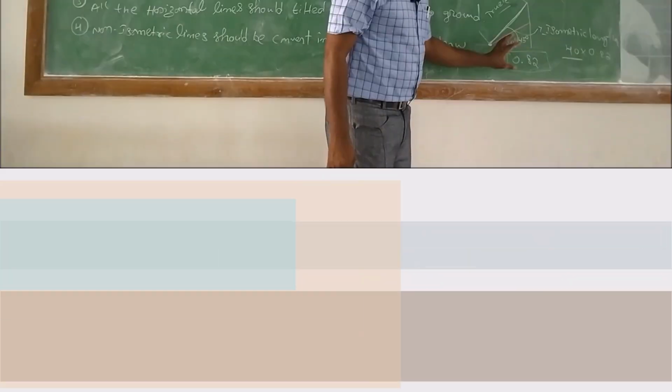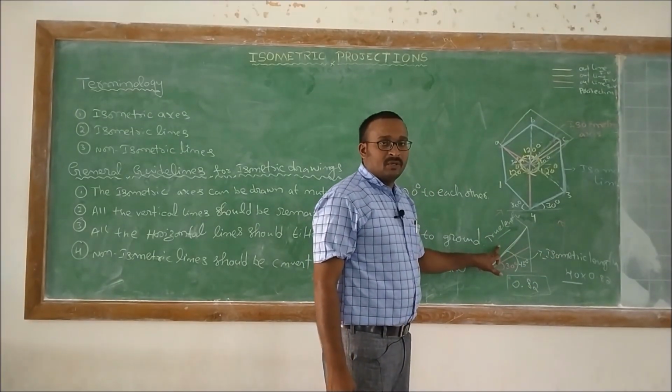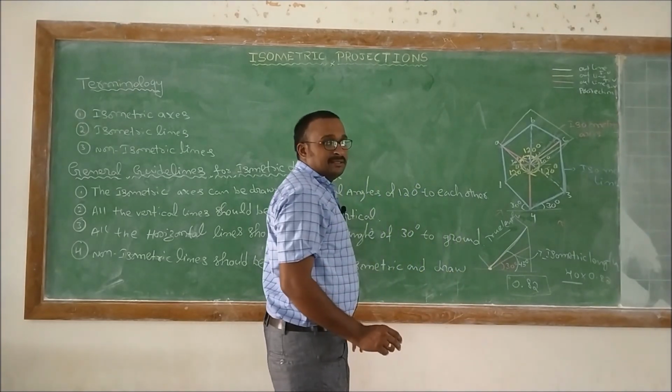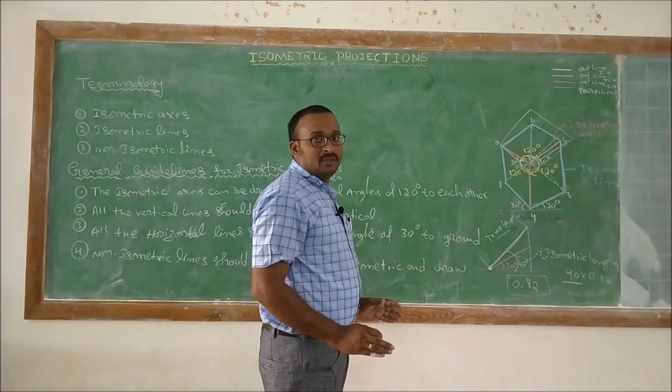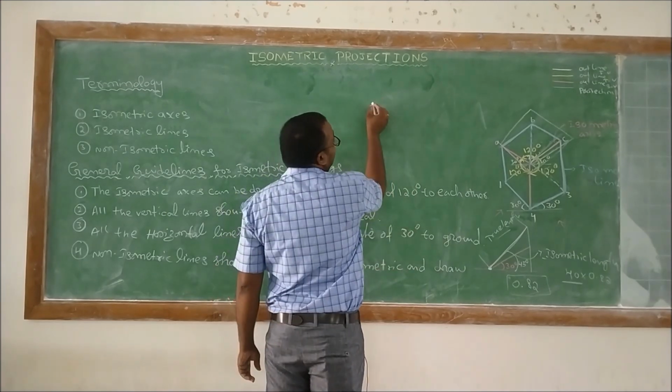Based upon that formula, we will get the isometric length ratio. Here you can see the isometric length and true length. Whenever we are going to construct an isometric view, we should use the isometric length.